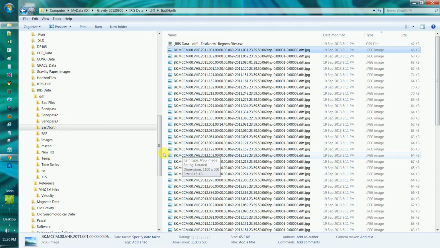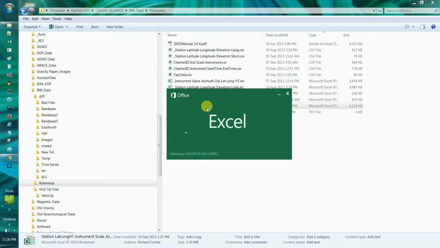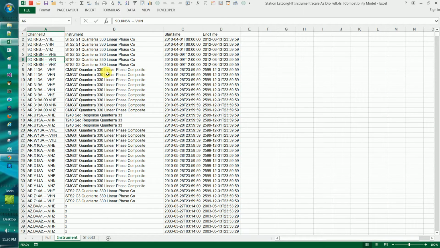Oh, I'm going to switch gears here for a minute. Let's see. Yes, to give you an idea, this station. I had to merge a lot of different ones.